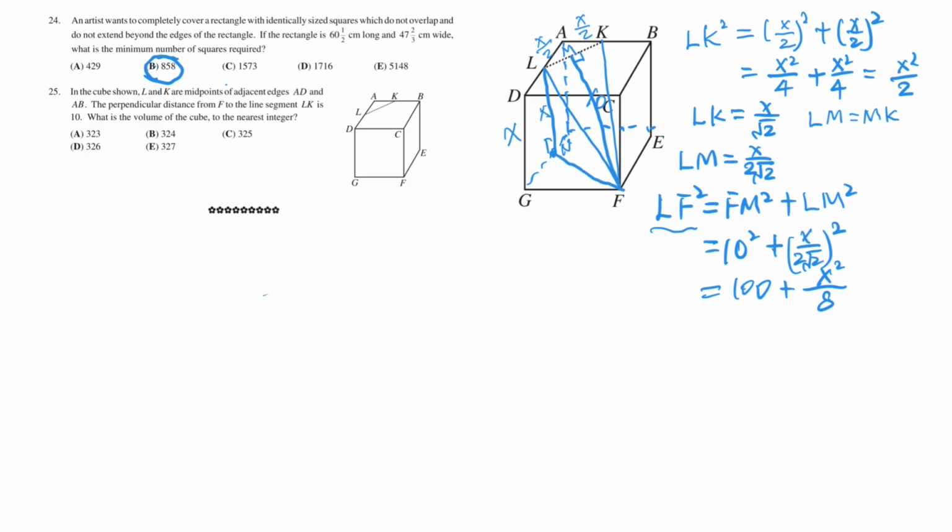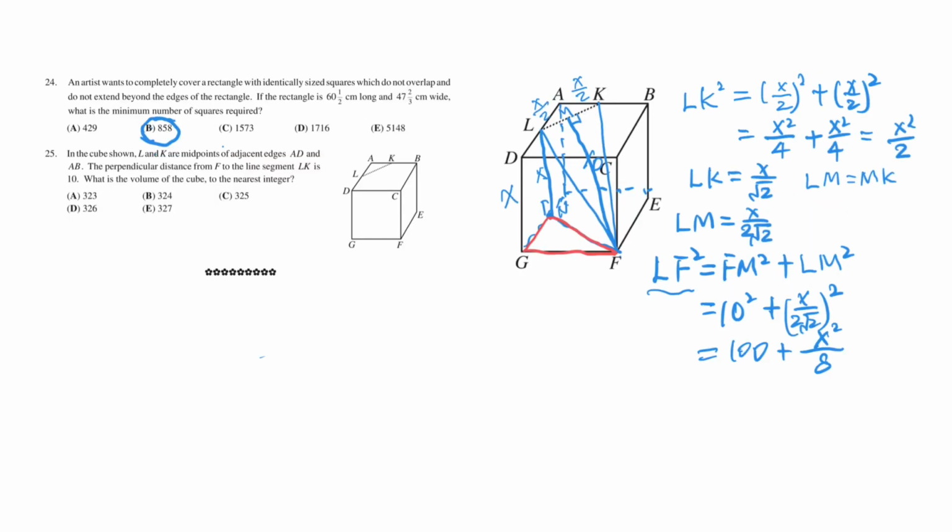Now we connect FN. FN square equals GN square plus GF square. Here is the right angle, so be careful.